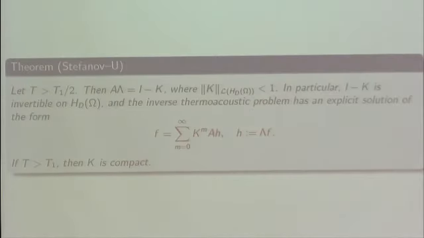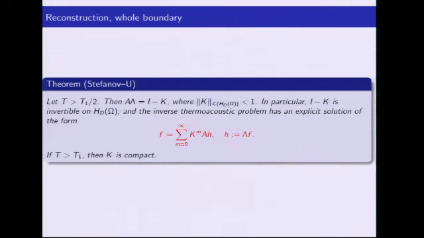And the theorem is that for T sufficiently large, bigger than the time of stability, then this is the identity minus an operator with norm strictly less than 1. And I'm going to prove that not for this time, but for a slightly larger time T bigger than T1. And so this is invertible in the energy space, and you can find an explicit formula.